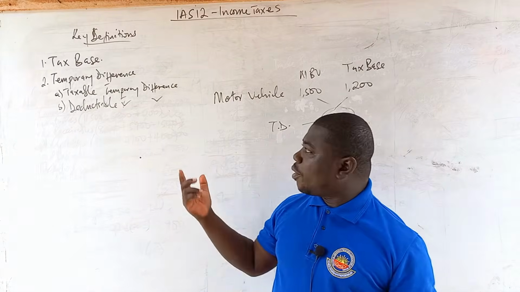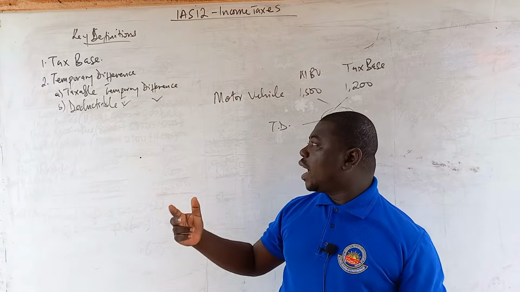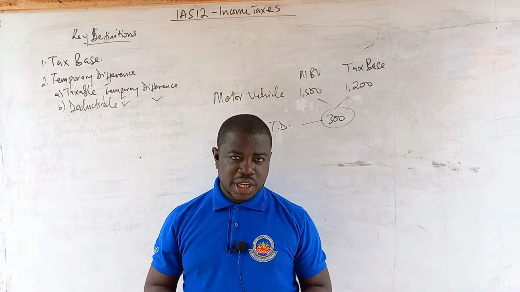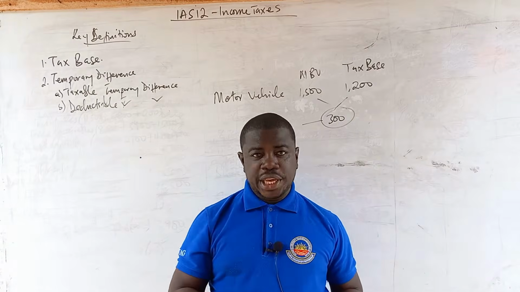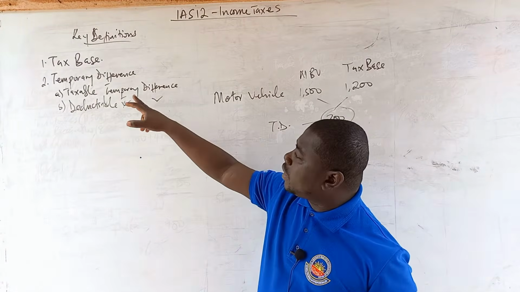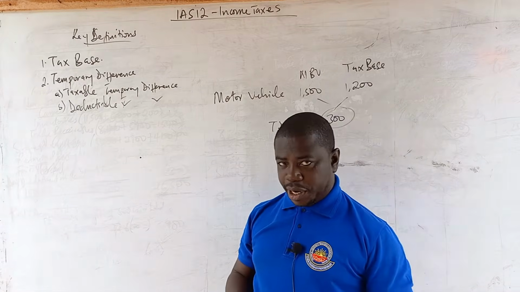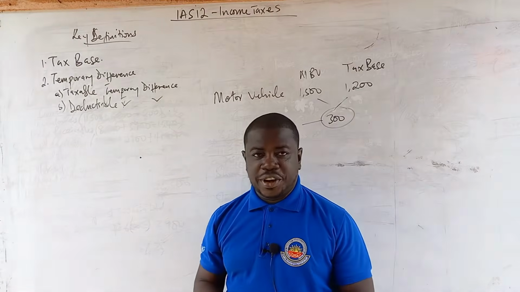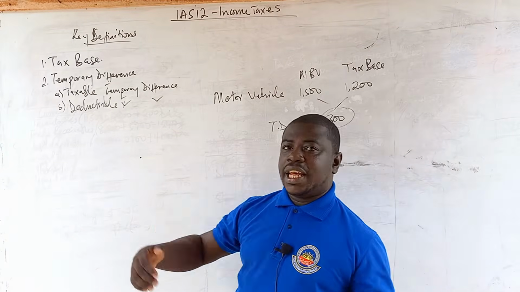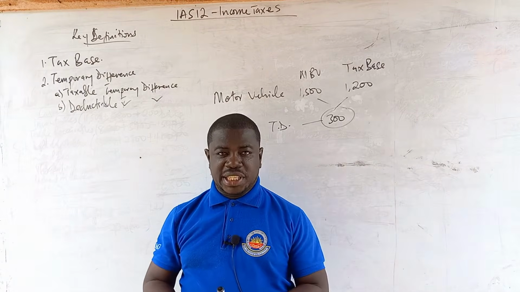Okay, they are temporary differences that will result in taxable amount in future period when we are determining taxable profit, when the carrying amount of the asset or liability is recovered. Okay, so when the taxable temporary differences are likely to result in taxable amount in future period. That is the meaning. Okay, and the deductible temporary differences are temporary differences that are likely to result in amounts that are deductible for tax purposes in the future.